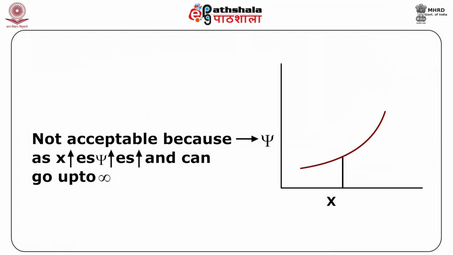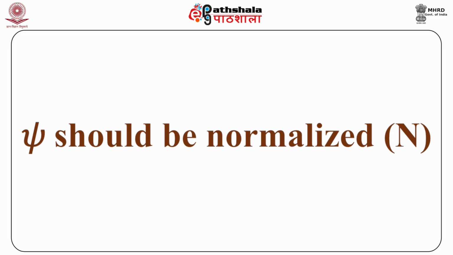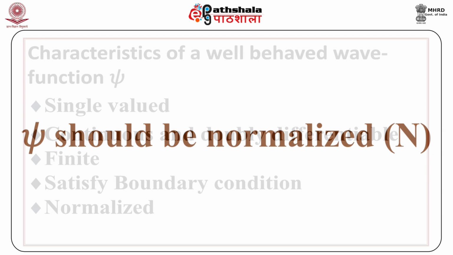The third condition which the wave function must satisfy is that it should be finite. Nowhere should it approach infinity, because that would be absurd. And as we have already discussed earlier, the wave function is always calculated in the light of the boundary conditions, so it should satisfy boundary conditions and it should be normalized as well.